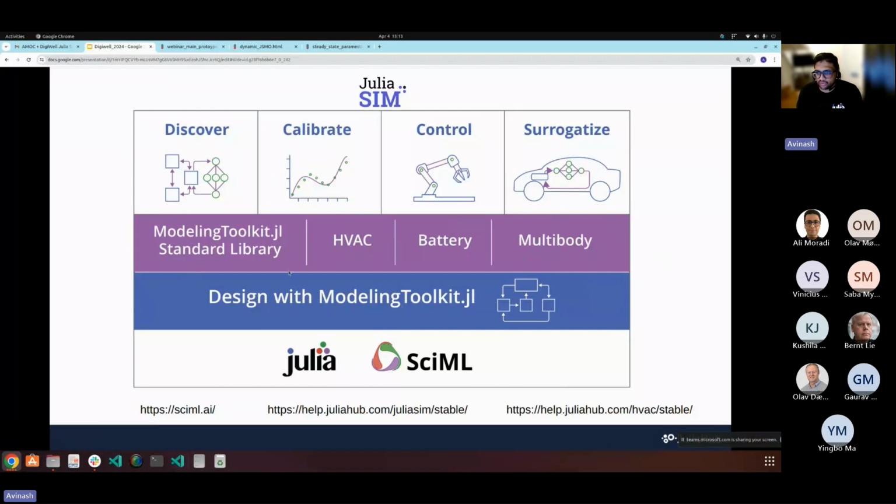And then the third layer is a bunch of component models, like multi-body, HVAC, fluid models, and battery. In addition, there are common engineering workflows like calibration, control, and acceleration with surrogates.